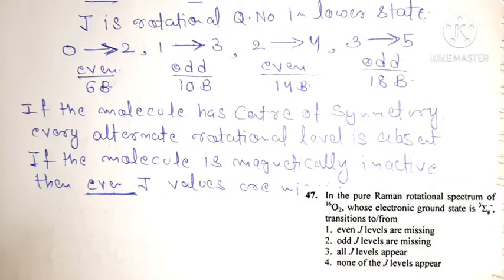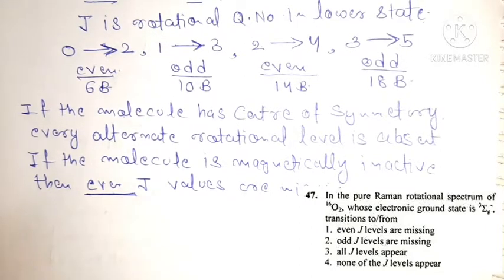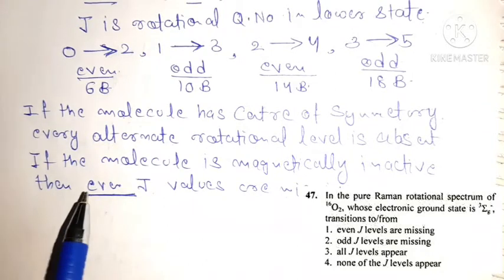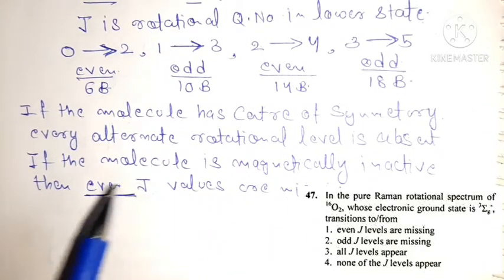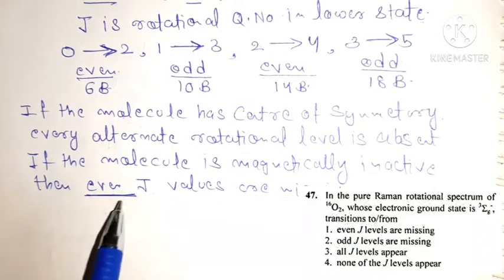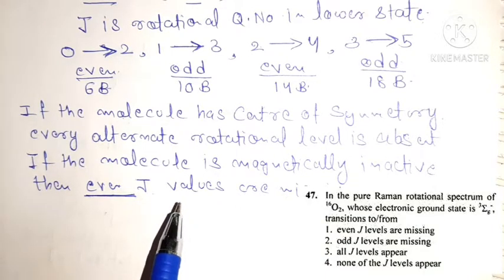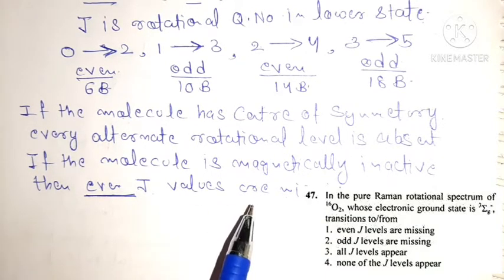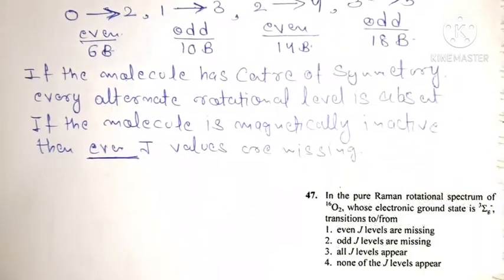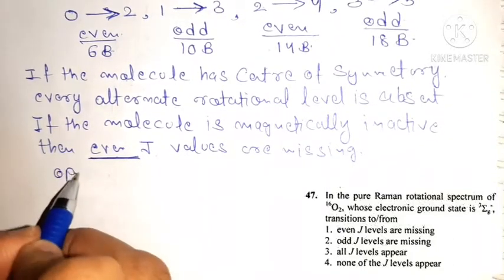But when we talk about the hydrogen molecule, which is a magnetically active molecule but also has a center of symmetry, the odd J values are missing because it is magnetically active. Understand, friends? So in case of the O2 molecule, all even J levels are missing, which is your option number one.